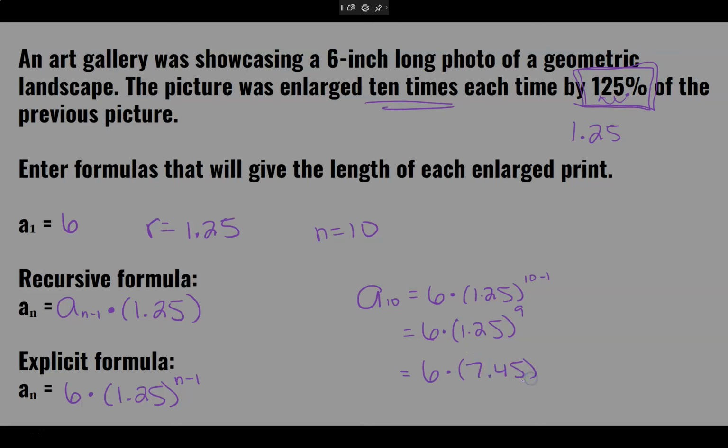All right, now let's multiply that by 6. Times 6, and you get 44.7. So after being enlarged 10 times, the picture is now 44.7 inches long. That's a big picture. It's almost what? Almost 4 feet? Almost. Not quite, but almost there.